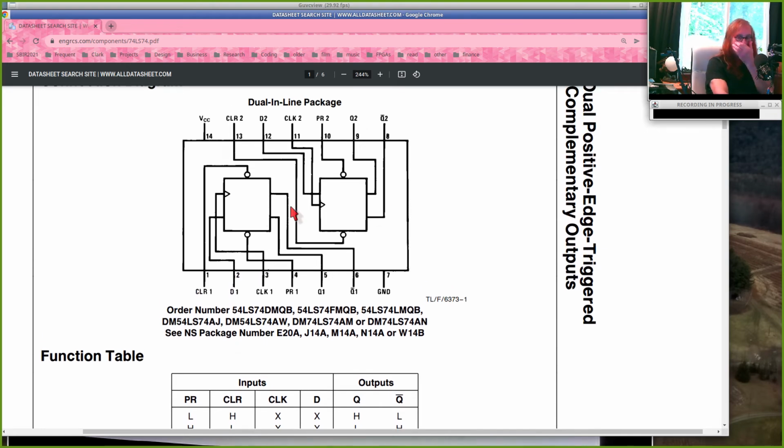You're going to end up needing 6 flip-flops in the end. So preset and clear will get tied high on all of these devices. Ground on pin 7, power on 14 as usual. And then basically, when the clock ticks from 0 to 1, the input gets loaded into this flip-flop.